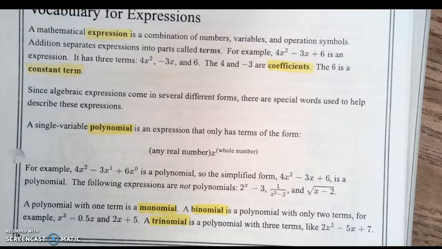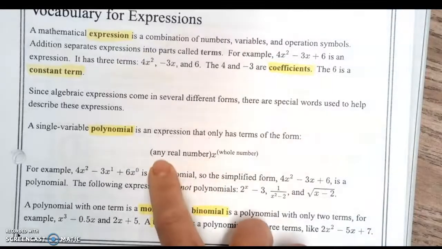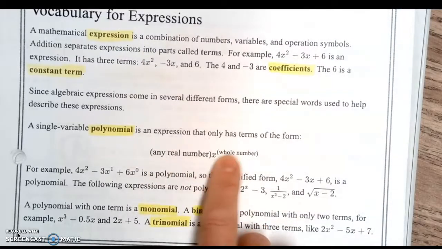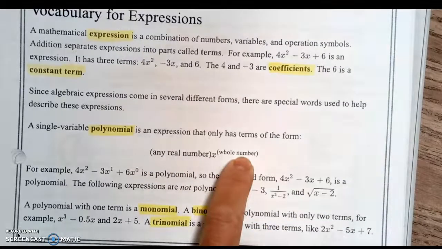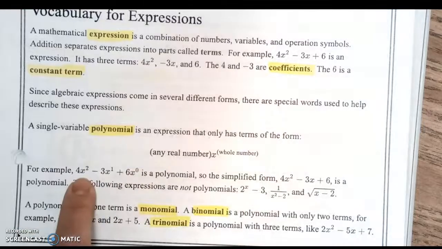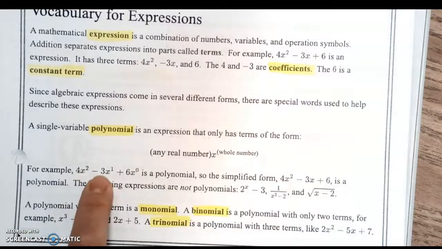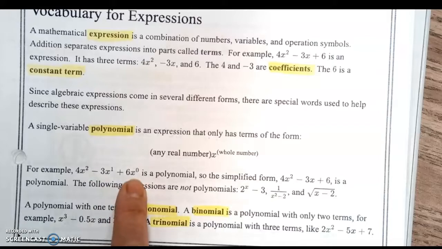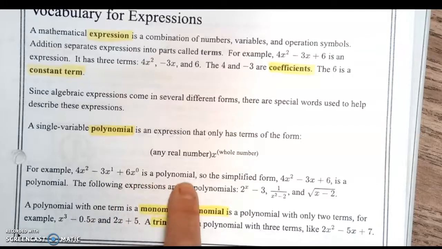A single variable polynomial is an expression that only has terms of the form any real number times x to the power of some whole number. For example, 4x squared minus 3x to the first plus 6x to the 0 is a polynomial.